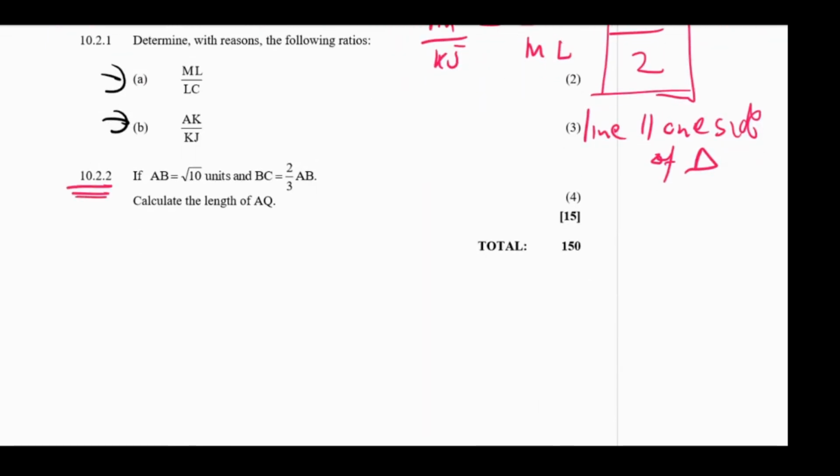Cool. So now let's go to 10.2.2. We are given AB equal to root of 10 units and BC equal to 2 over 3 of AB. And you're asked to calculate the length of AQ.